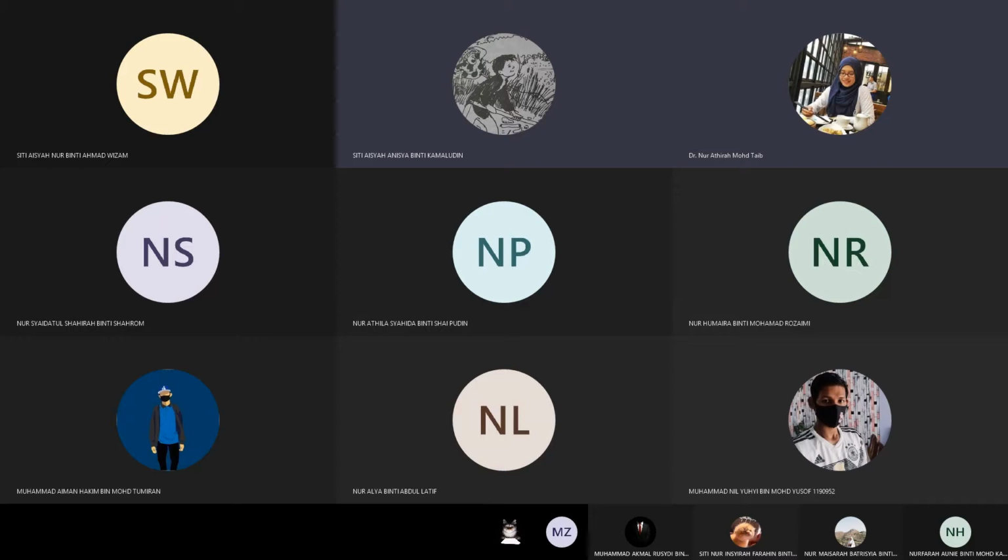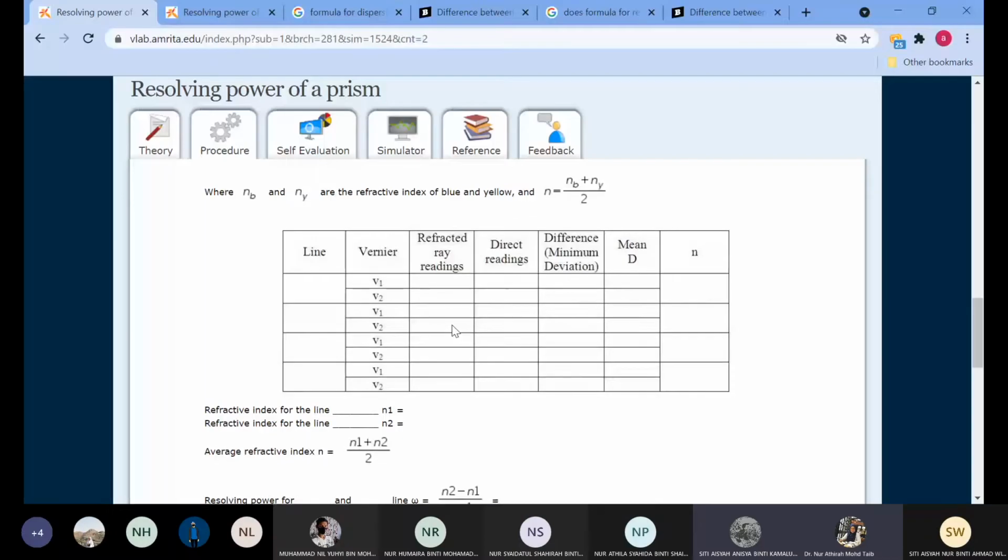Share screen. Based on your methodology and your explanation step by step, when you are placing the value in the equation, you will get the value of n, which is the objective of the experiment. So for me, it's okay. Is our explanation for mean correct also? Mean from difference, minimum deviation, apa tadi?